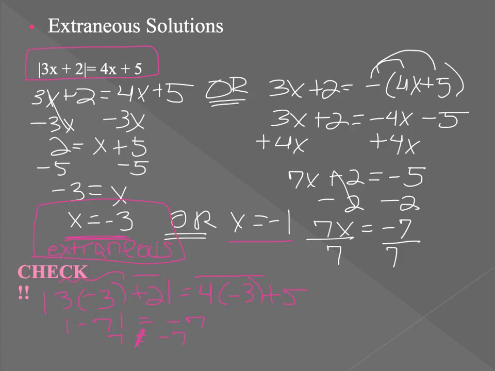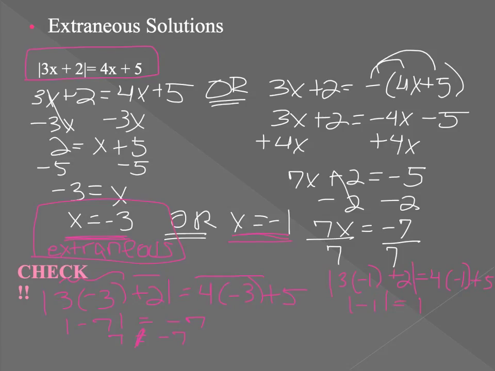Now we need to check the other one. So we're going to check negative 1. So the absolute value of 3 times negative 1 plus 2 equals 4 times negative 1 plus 5. So negative 3 plus 2, which is negative 1. So the absolute value of negative 1 equals negative 4 plus 5, which is positive 1.